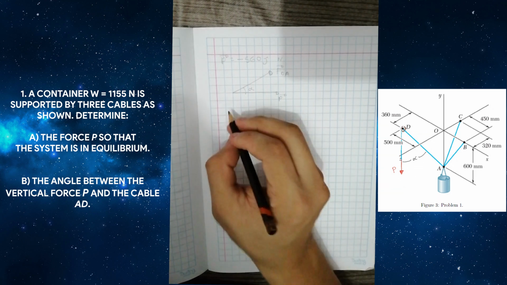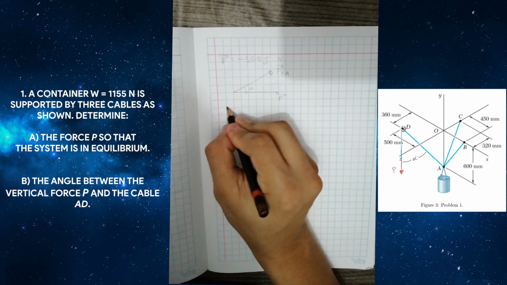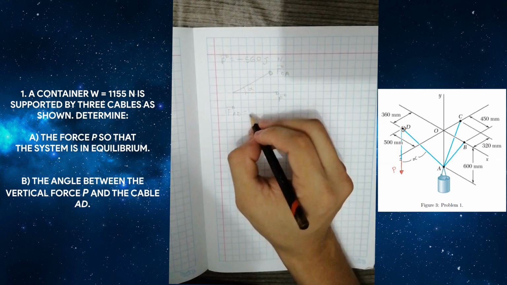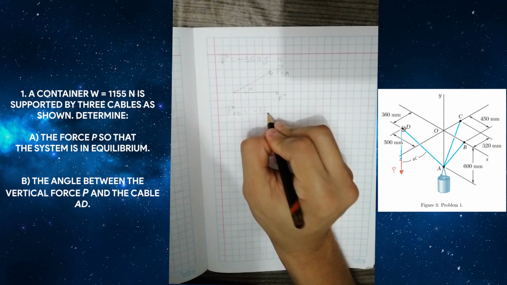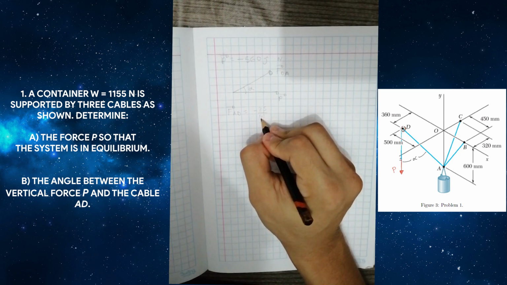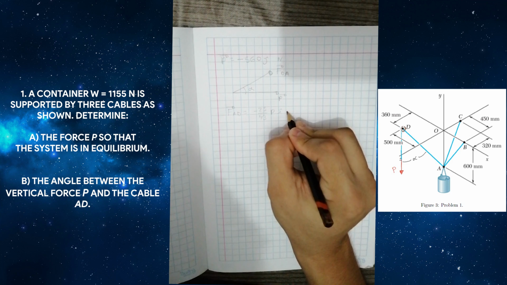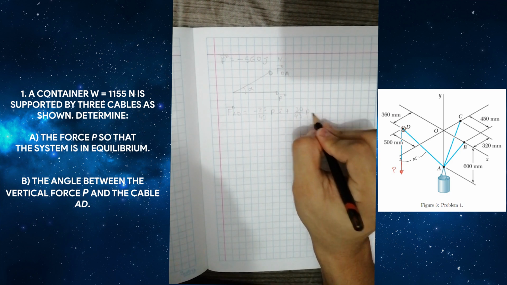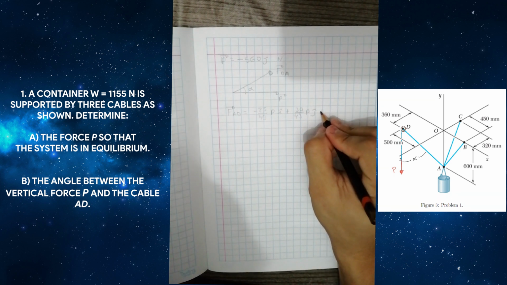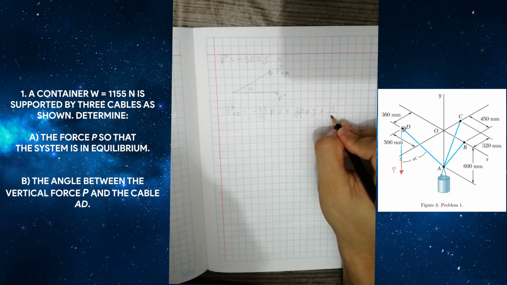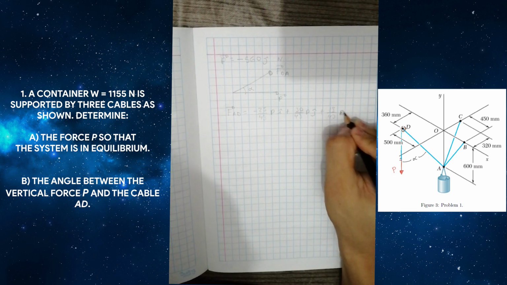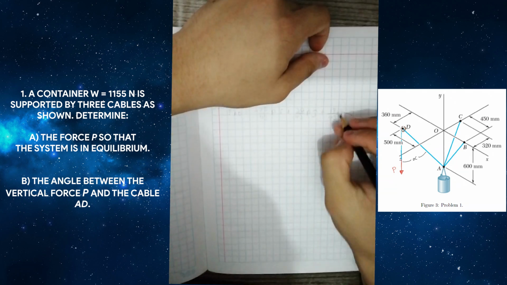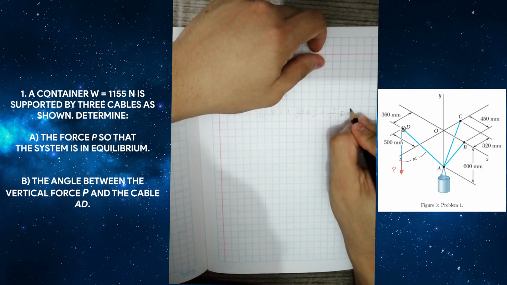As the force vector AD is equal to minus 25 over 43 P i plus 30 over 43 P j plus 18 over 43 P k.